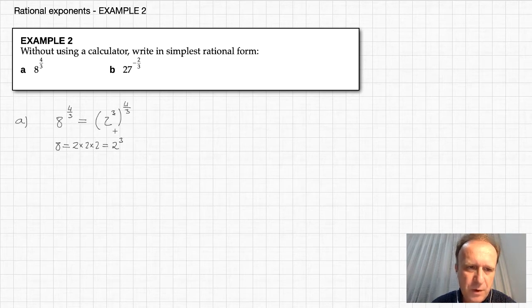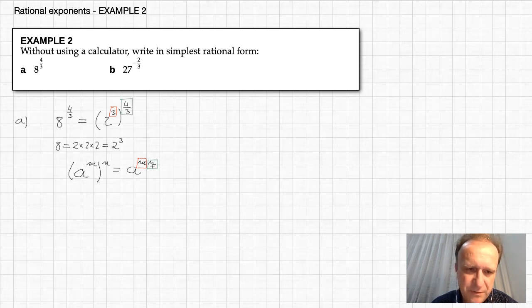Now I can invoke the law of exponents here, namely, that a to the power of m raised to the power of n should be a to the power of m times n. So this m here is number 3, and n would correspond to 4/3.